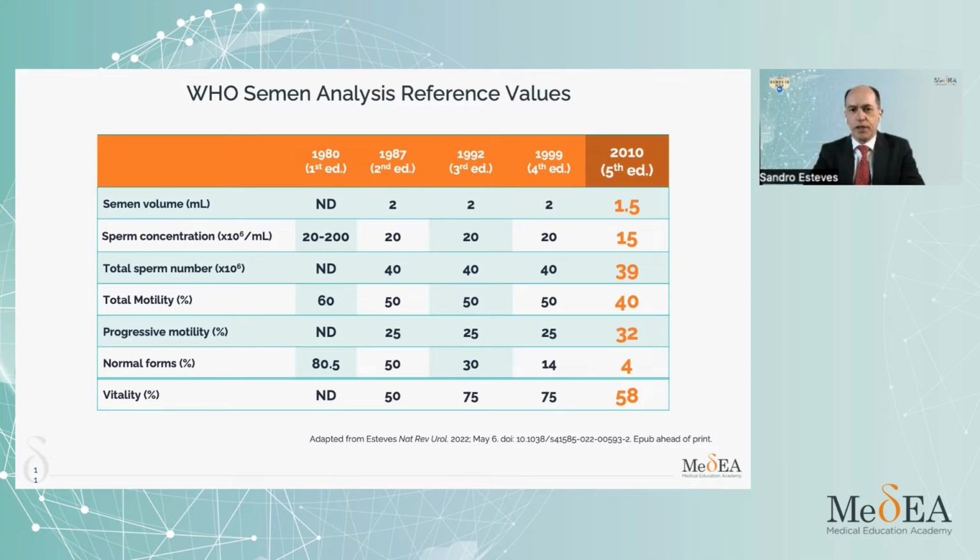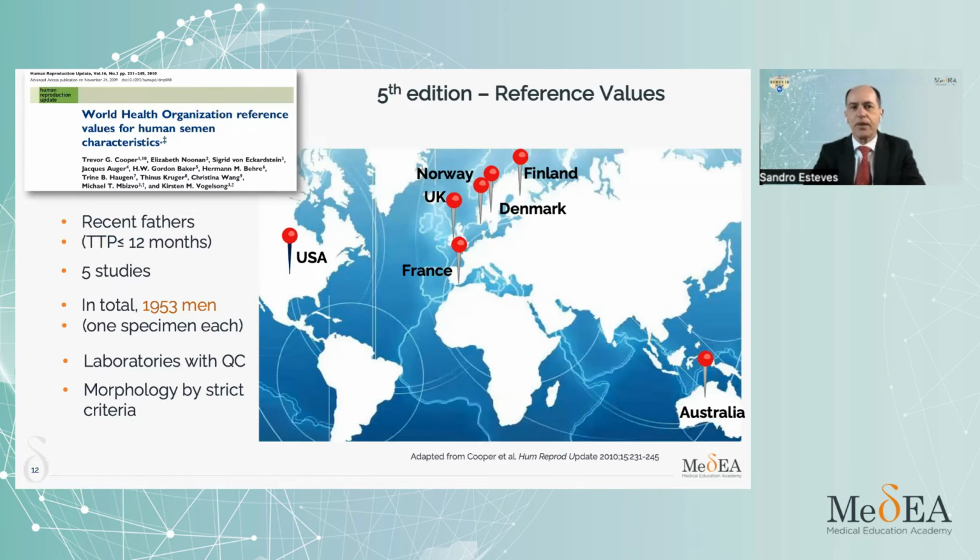This is not ideal because over or under referral for male infertility investigation or also IVF-ICSI treatment can happen when decisions are made based on imprecisely defined reference populations. But I feel it's essential for you to understand how the 2010 values were generated.